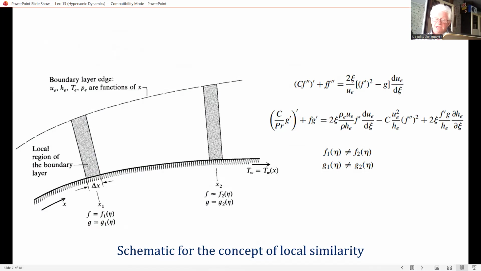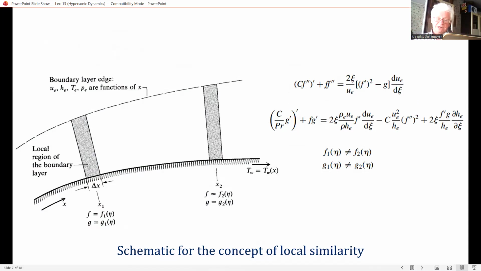In a truly self-similar solution, these derivatives are precisely zero. Here, they are finite, but we assume them to be small enough so that they can be neglected. And four, under these assumptions, our equation becomes the upper one. And after that, we may transform it to the second one in the middle of this slide. Both these equations are approximate forms.